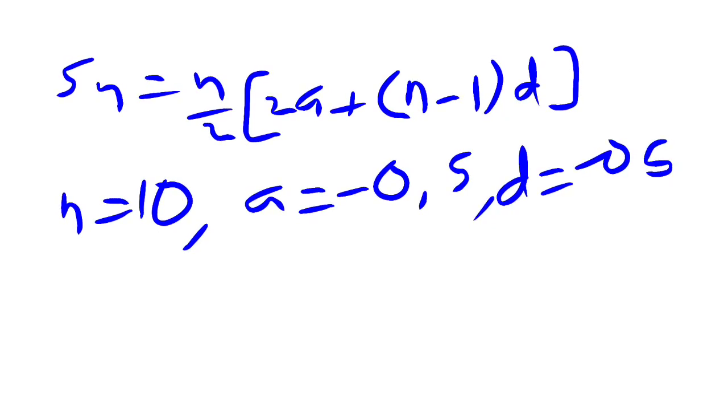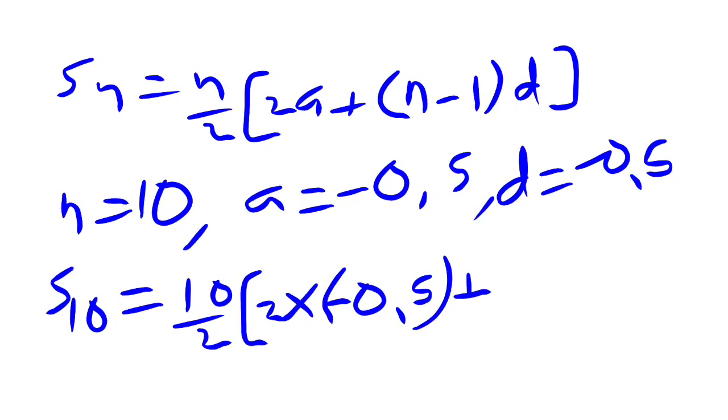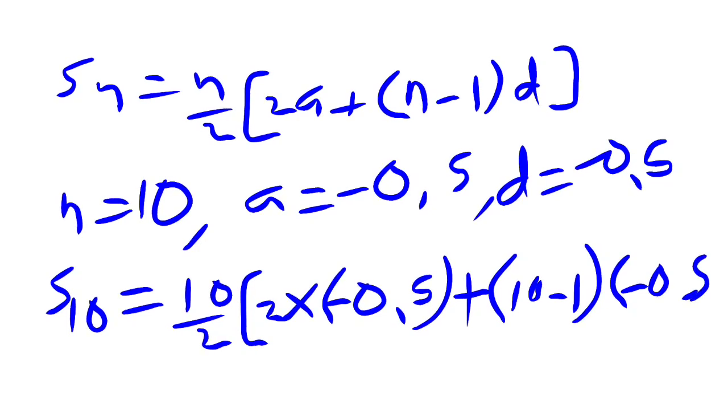So S10 equals 10 by 2, bracket, 2 into a value minus 0.5, plus n minus 1, 10 minus 1, into d value minus 0.5.